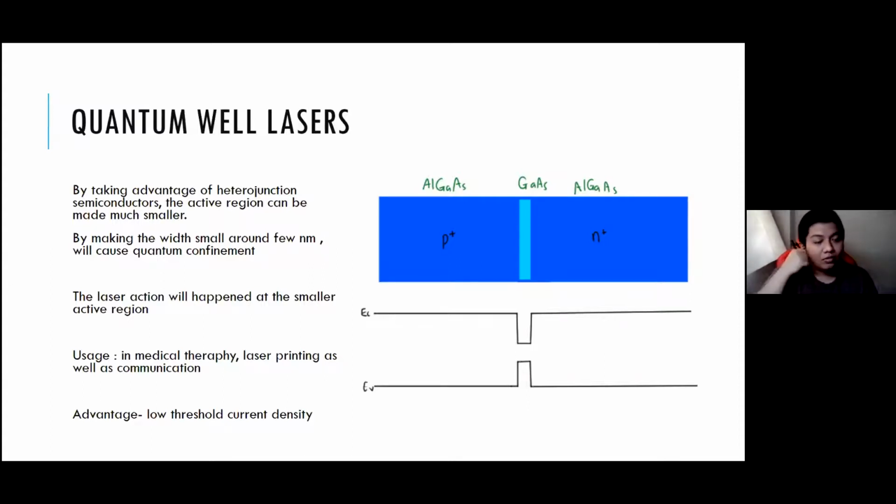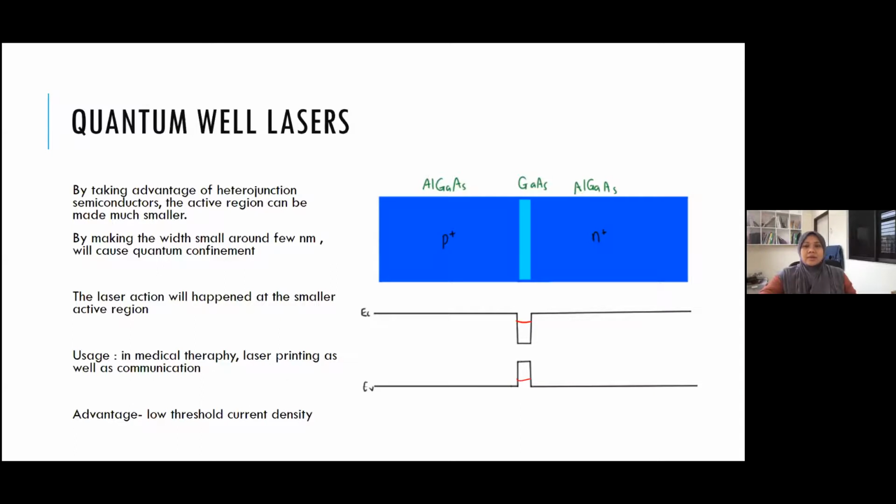So we can put the gallium arsenide in the middle at a very much smaller scale, a few nanometers, and we can cause quantum confinement in this region, so the active region would be smaller, and we also need less current to produce a laser because of this smaller active region.